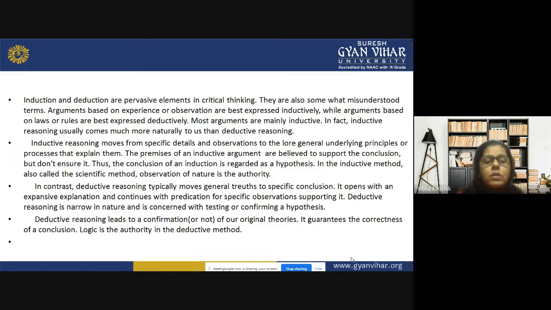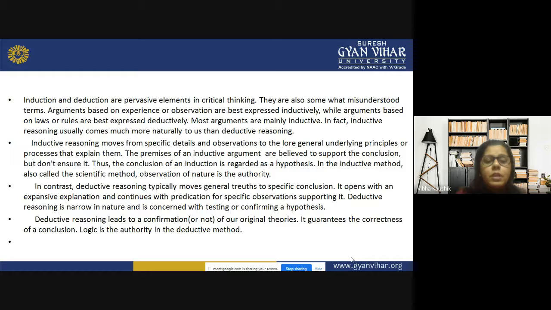In contrast, deductive reasoning typically moves from general truth to specific conclusion. It opens with an expansive explanation and continues with predictions for specific observations supporting it. Deductive reasoning is narrow in nature and is concerned with testing or confirming a hypothesis.